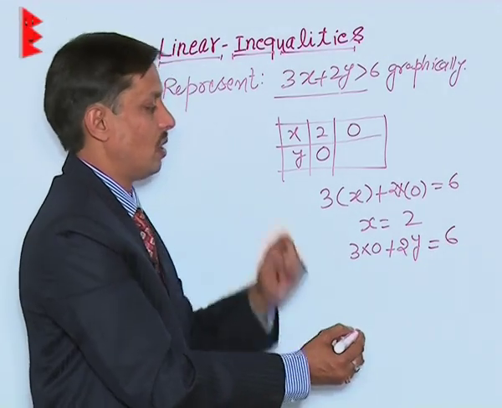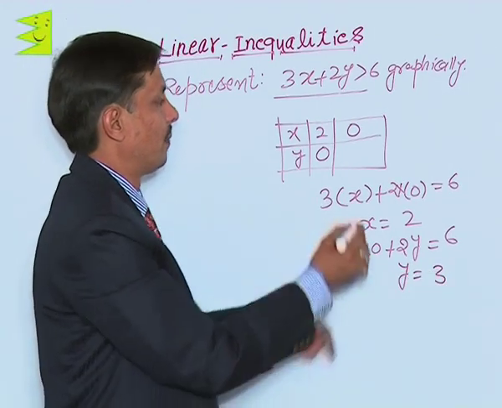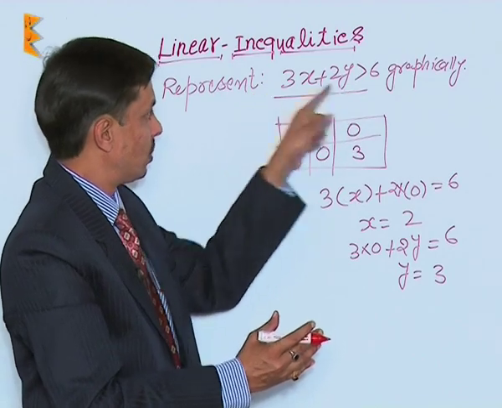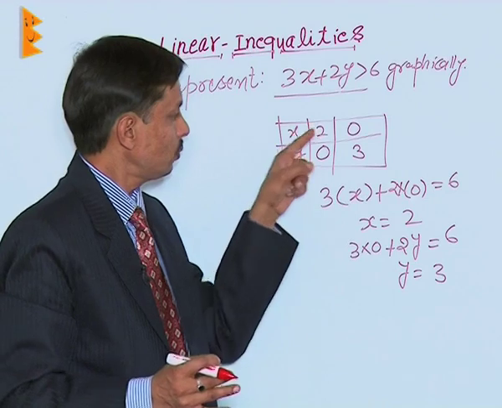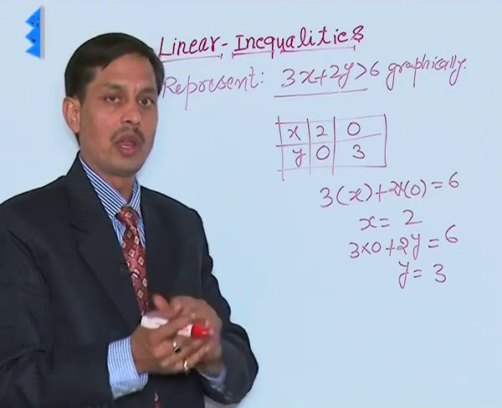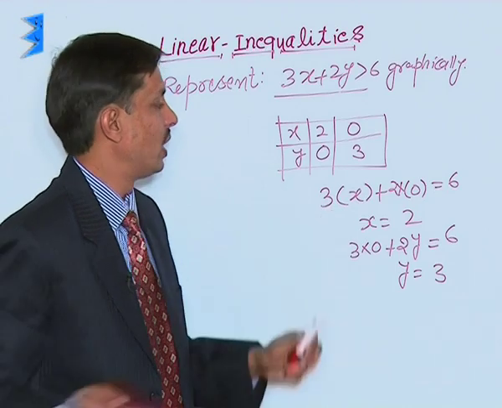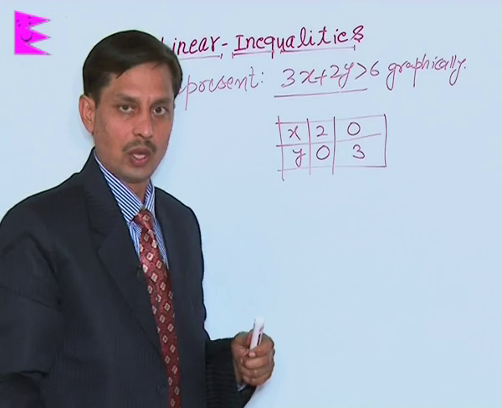So on the y-axis, the point will be (0, 3). So I have obtained the two points on the x-axis and y-axis through which this line passes. To obtain it, first we have to imagine that the inequality is an equality.